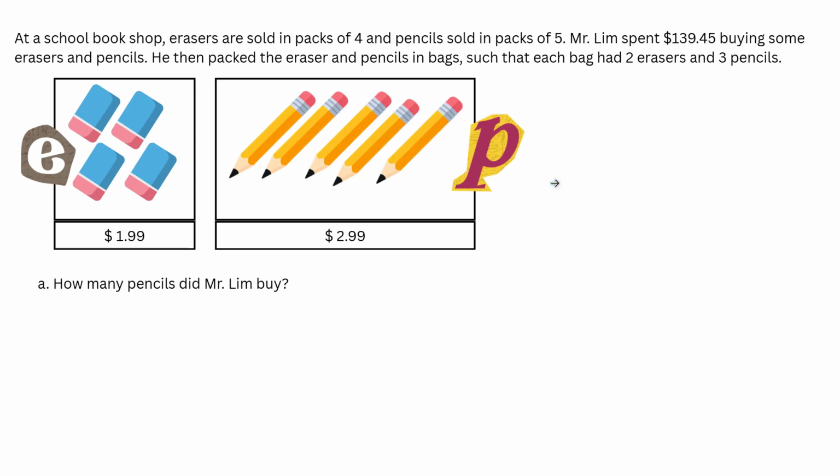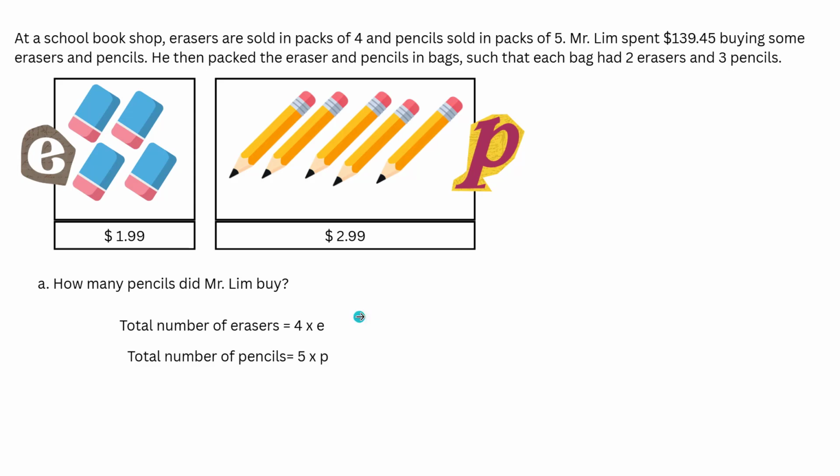The total number of erasers would be 4 times the number of packets of erasers, so 4 times E, and the total number of pencils would be 5 times the number of packets, so 5 times P.